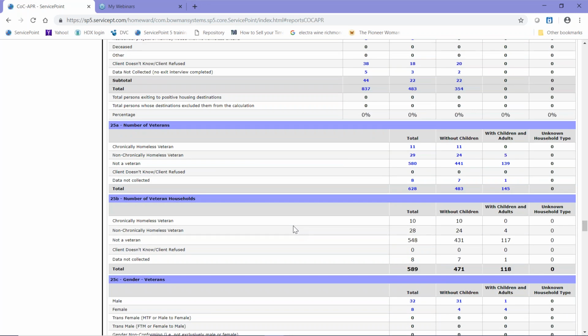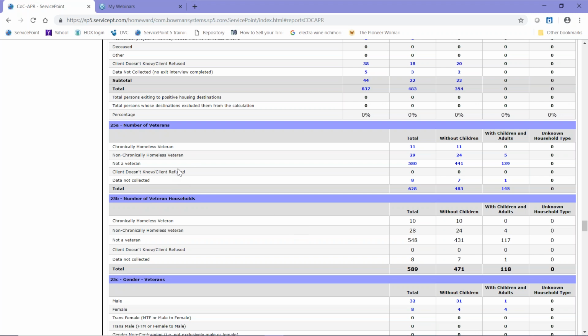Then we start with question 25. And 25 starts our veteran section of this report. So depending on if you are a veteran-only project, you're going to see hopefully all of your clients down here in the veteran section.